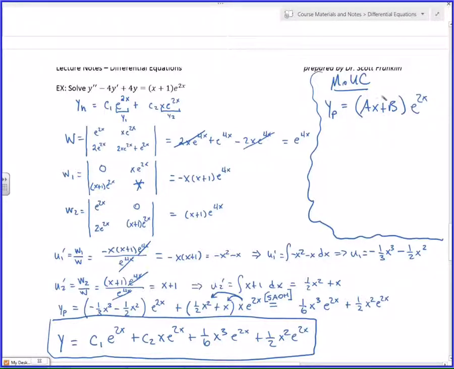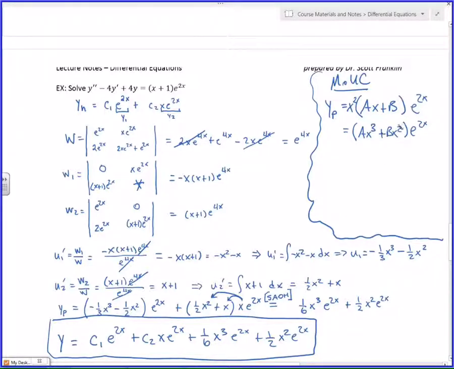In fact, both of them are. b e to the 2x matches this one, and even x e to the 2x matches this one. So you can't use either one of these, so you need an extra 2 x's in there, an x squared. So actually your guess is ax cubed plus bx squared times e to the 2x.